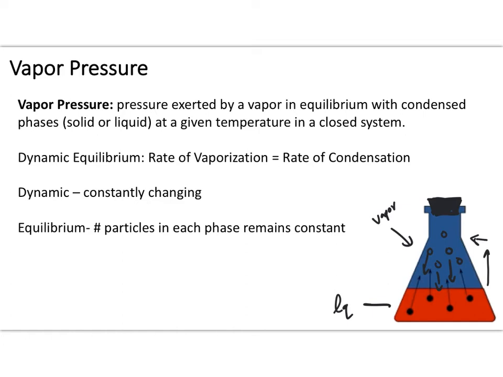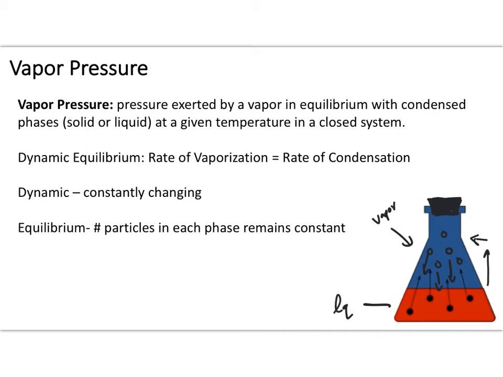This dynamic equilibrium is called such because it's dynamic in the sense that we're going back and forth, and it's at equilibrium in the sense that the number of particles of the vapor that are produced versus the number of particles in the liquid phase are going to overall remain constant with respect to themselves. I'm not saying they're the same.